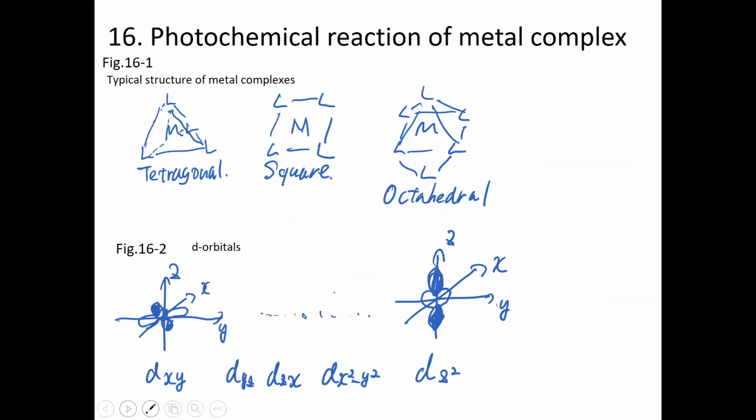So first, let me remind you what a metal complex is. It's a kind of general concept: the metal atoms are surrounded by ligand molecules. Depending on the ligand structure, this is a tetragonal structure, and this is a square type of structure. And this is probably the well-known octahedral structure of a metal complex.